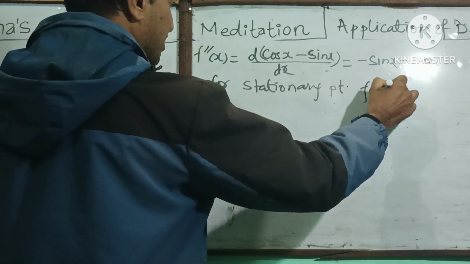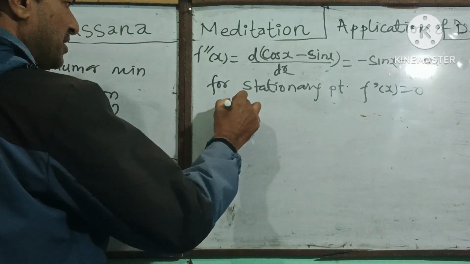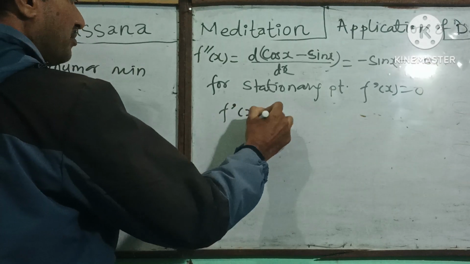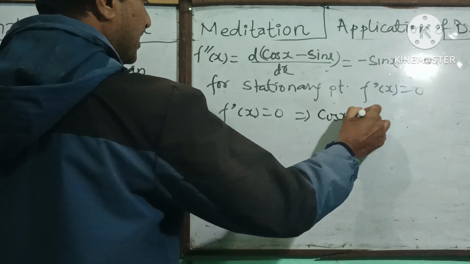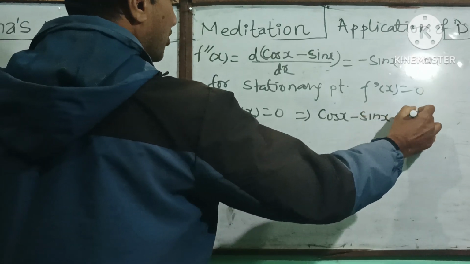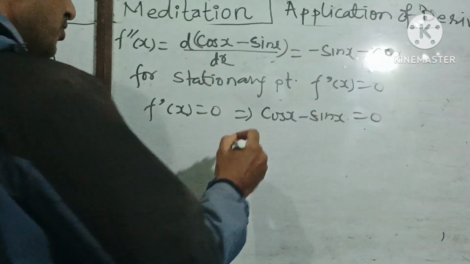what should be the value of f dash of x? It should be 0. So f dash of x is 0 means cos x minus sin x is equal to 0.